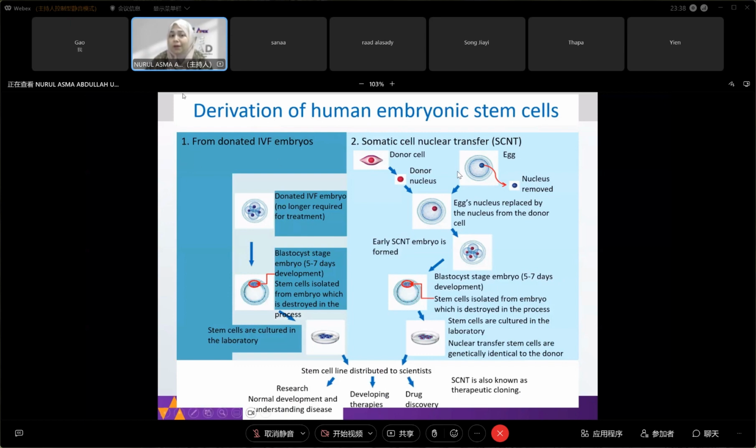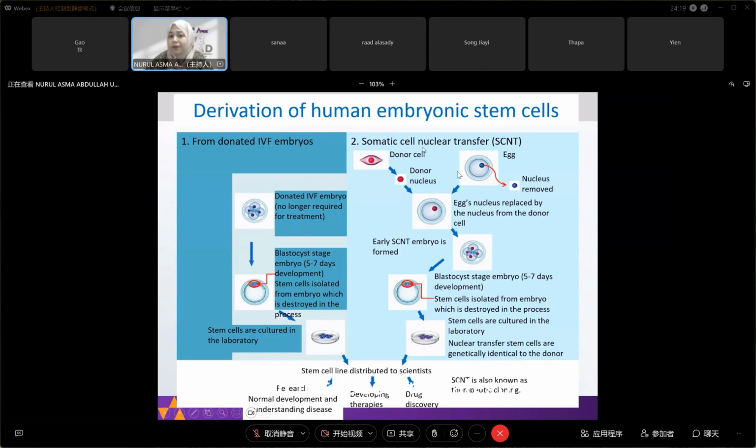So the collection is either via the first method or the second method. The first method is via IVF, you know that. This one is a natural process that is done in laboratory settings. It does not need any induction or any treatments, because it mimics the process that happens naturally. However, it is conducted in a lab.